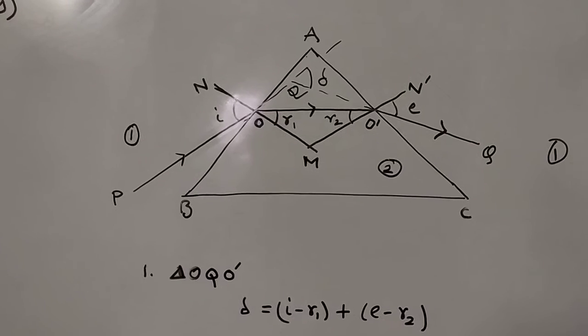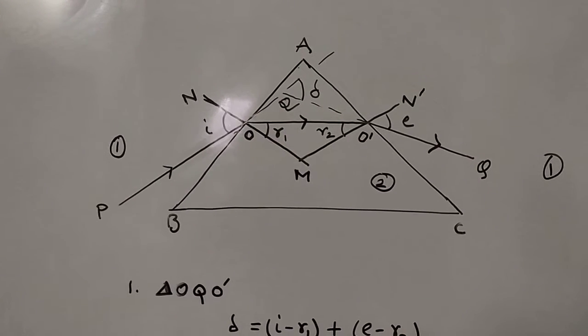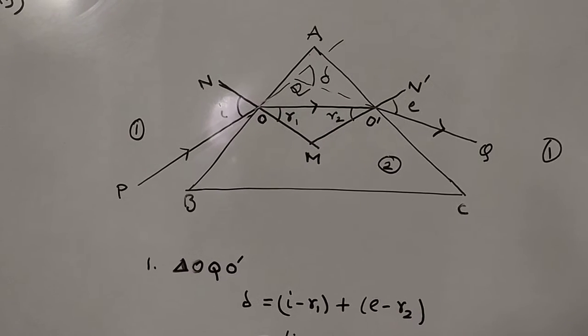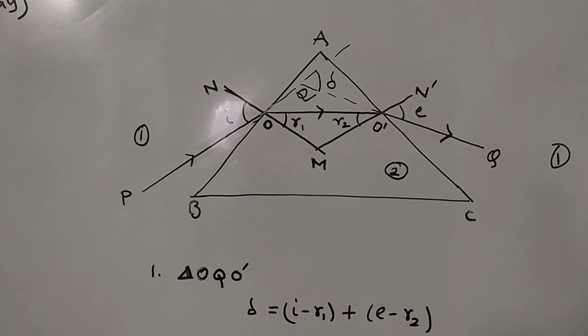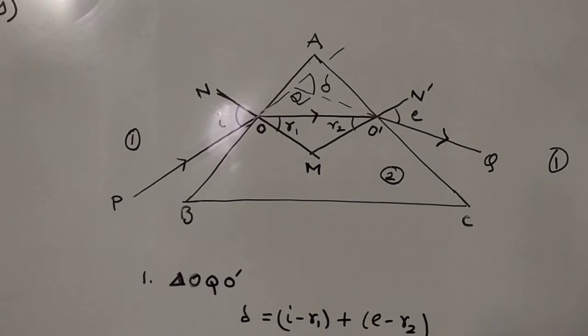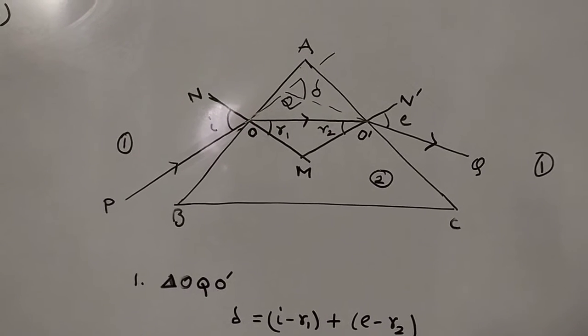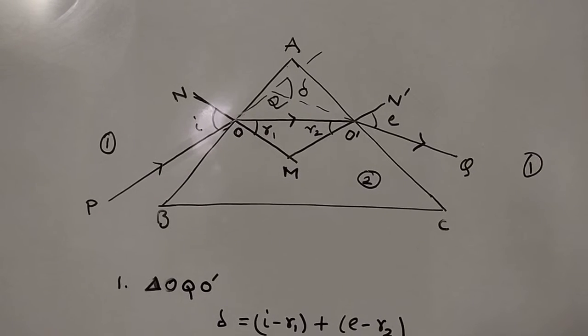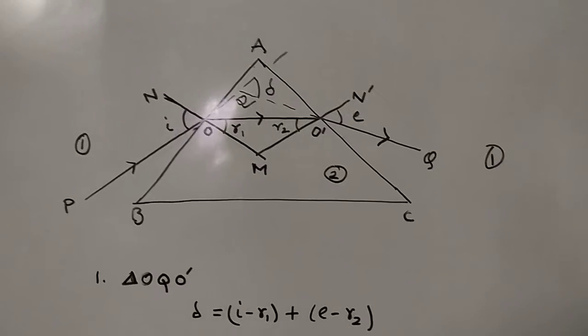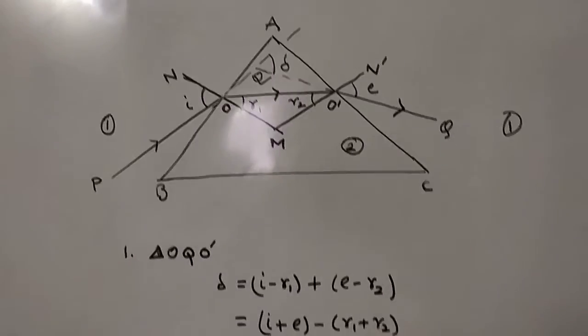Now if you consider this quadrilateral AOM dash, you will see that NM and N dash M are the normals. So these two make an angle of 90 degrees each. So the sum of the two angles is 180 degrees. So definitely the other two angles' sum must be 180 degrees, because a quadrilateral has 360 degrees.